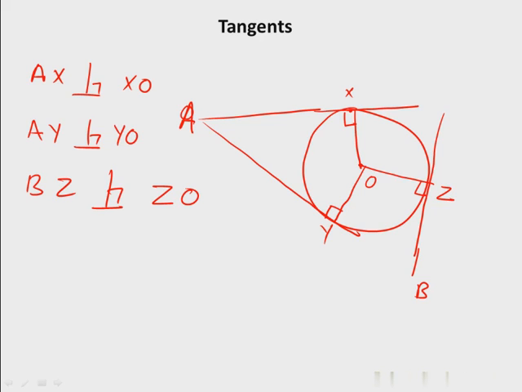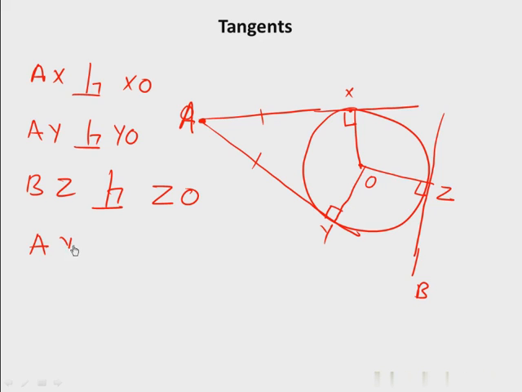That's one property. The other important property of a tangent is, if I connect 2 tangents from a common point, like from here A, I've made 2 tangents to the circle, one is tangent AY and the other is tangent AX, then these 2 lengths are equal.